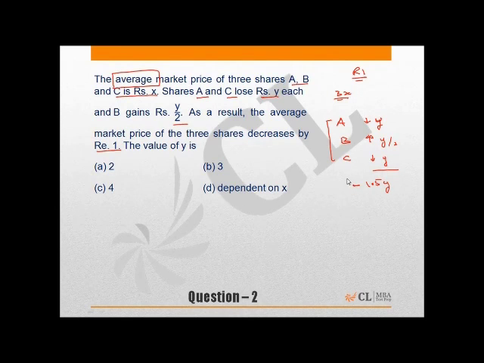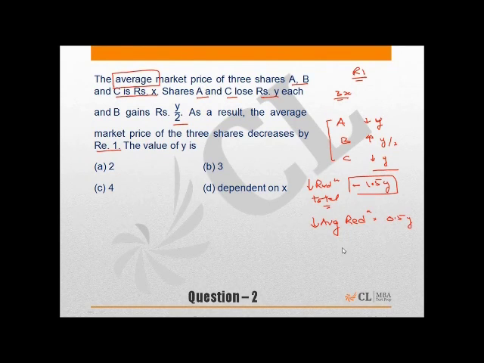So the total reduction in price is 1.5Y. Okay. So if the reduction in total is 1.5Y, that means the average reduction will be 0.5Y.